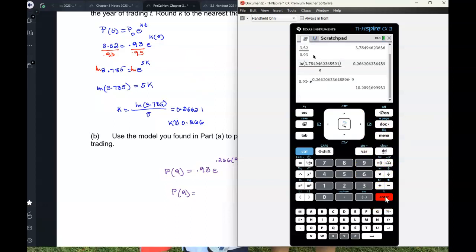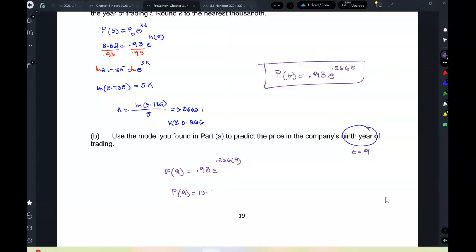So it's 10.21. Okay, what is this? This is the price, right? So you have to know to round it into dollars and cents. So it's going to be 10.21.